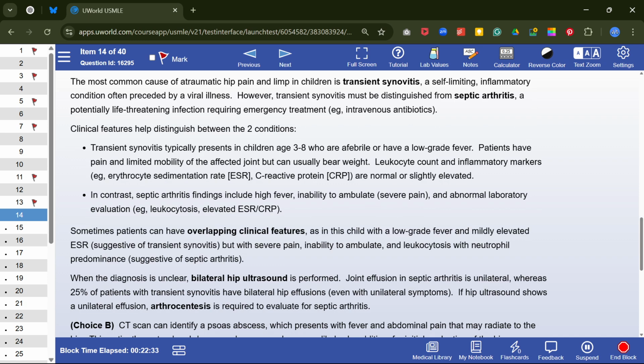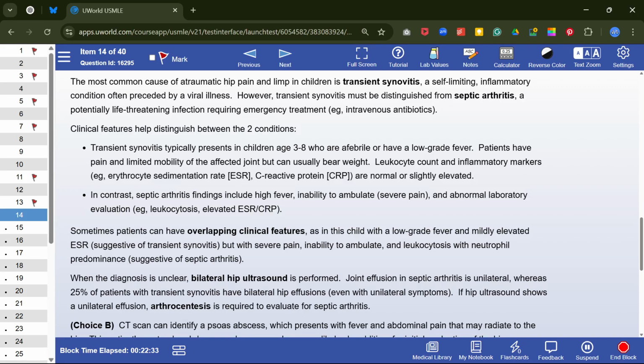When the diagnosis is unclear, bilateral hip ultrasound is performed.